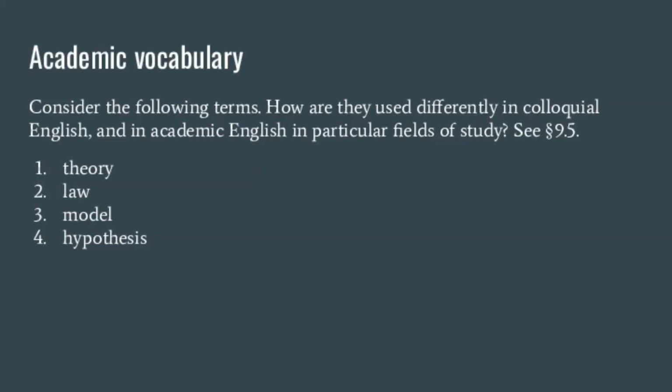You may come across words like theory, maybe model, perhaps law, and perhaps hypothesis. More so if you're in science, social science fields, linguistics, psycholinguistics, you might come across law and hypothesis.